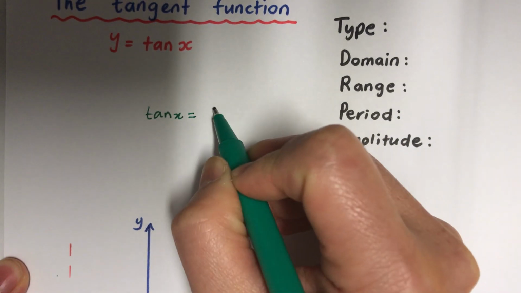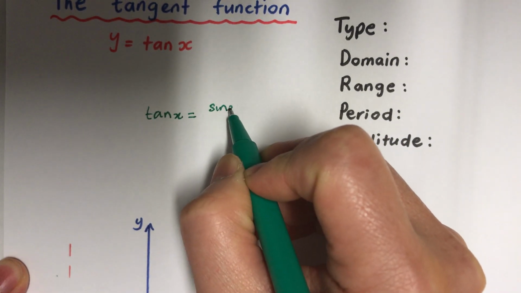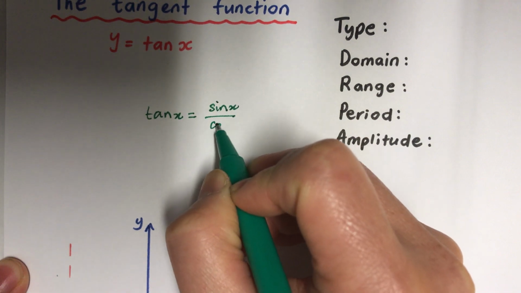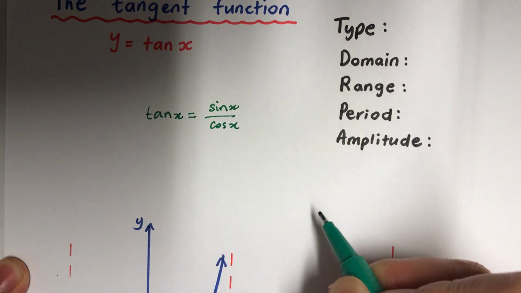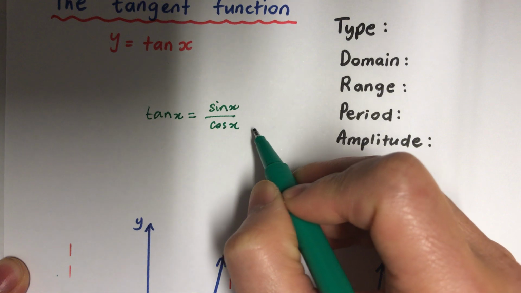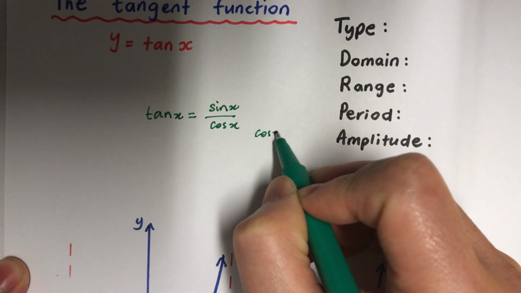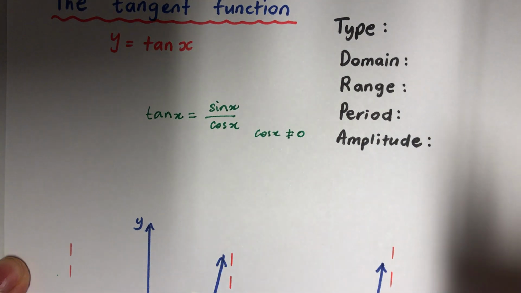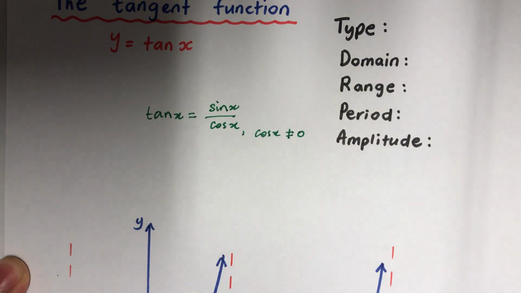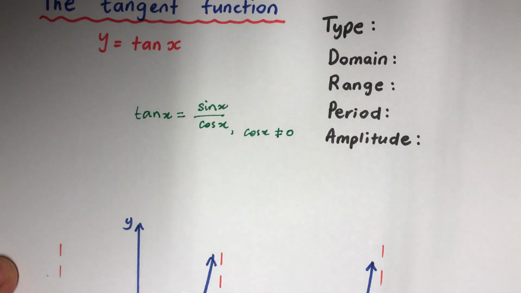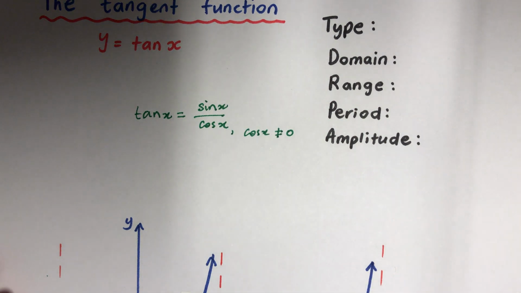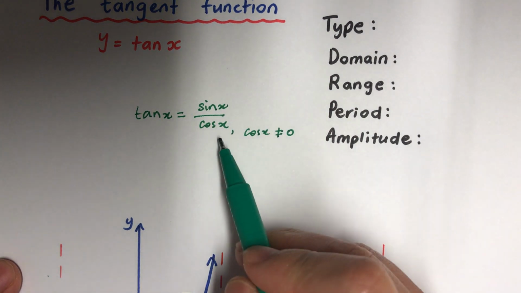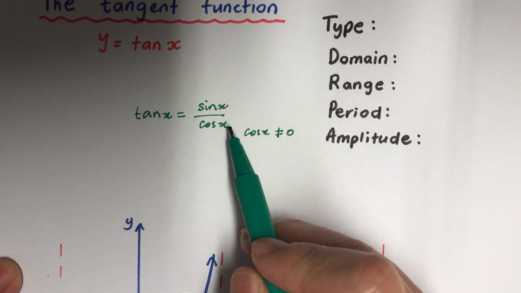We can rewrite it as sine x over cos x. What does that mean? It means cos x cannot be 0, simply because we cannot divide by 0. Therefore the tan function will have asymptotes where cos x equals 0.